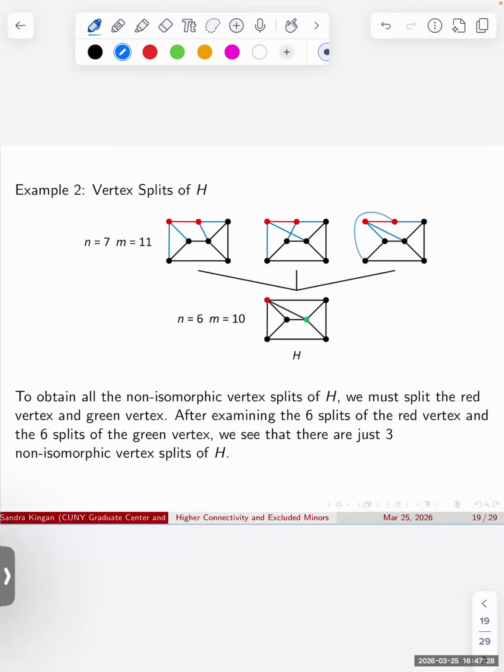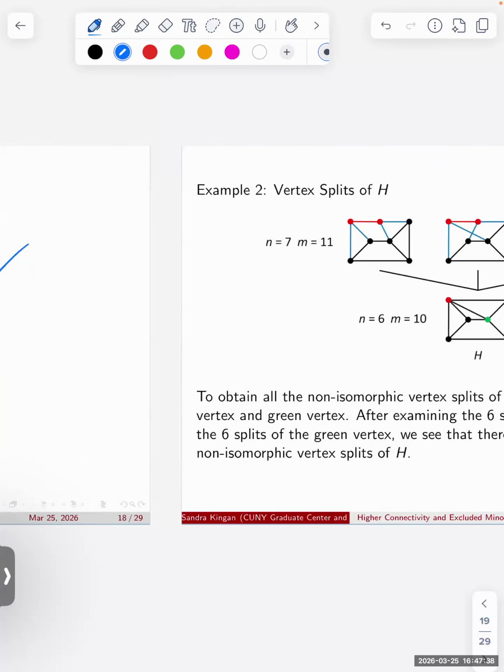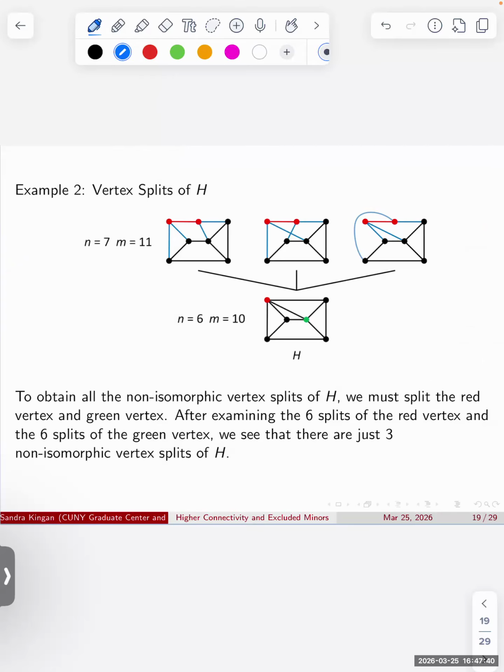And this is something that can be done. These are small graphs. It's very doable to do these things by hand to get a sense of how this works, right? You just have 12 things to check over there, and then you conclude that there are just 3 non-isomorphic copies.